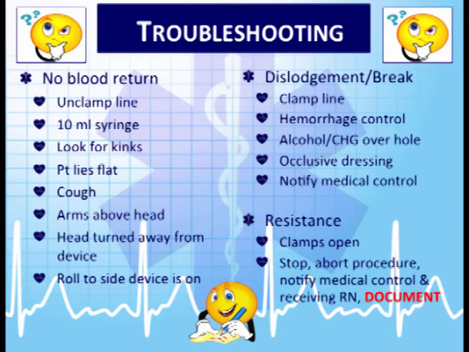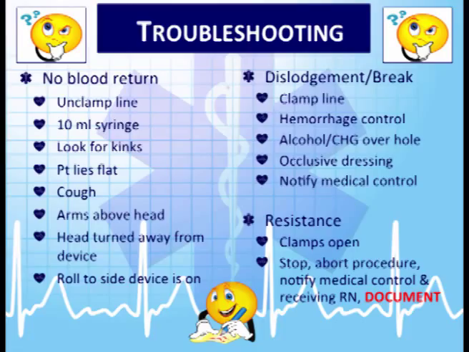Dislodgement or break, we might have this in the field too, where we're not accessing these devices, but we get called to a dialysis patient where their line has broken, or a pediatric patient with a central line that was playing or thought that it would be okay to use the scissors to cut it. It's crazy what kids think to do, hey? So we're going to try and clamp the line if we can.